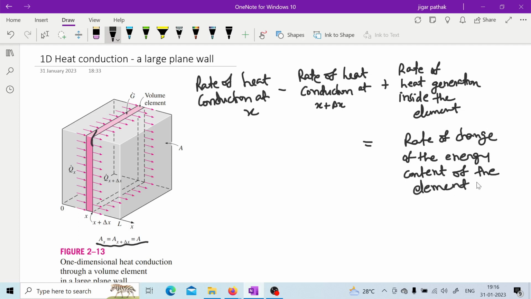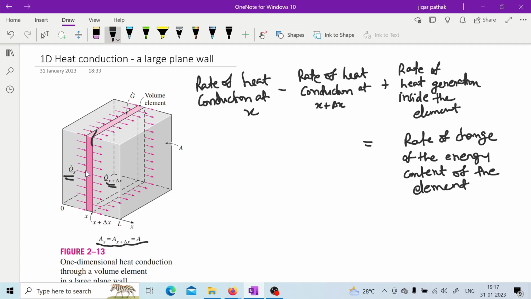So basically, the rate of change of energy content in this element is given by the rate of heat entering minus the rate of heat leaving plus energy generation. That is the rate of change of energy content of that particular element, right.